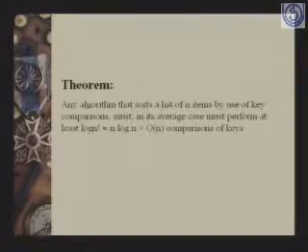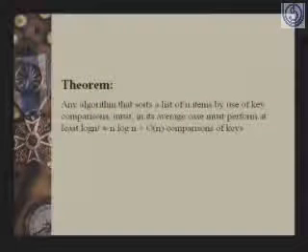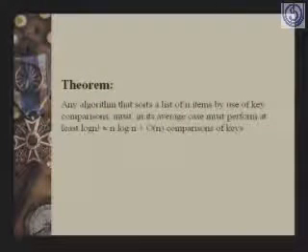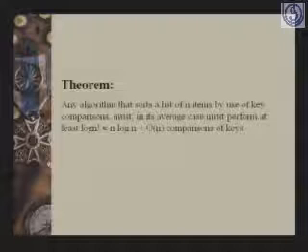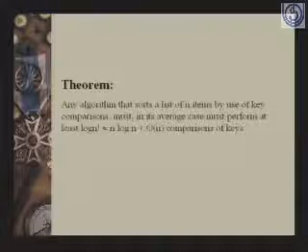So with this discussion of comparisons, we have come to a very important result which has been proved mathematically. Please look at the slide. Any algorithm that sorts a list of n items by the use of key comparison must in its average case perform at least log n factorial comparisons, that is, the minimum number of comparisons on average required is n log n.